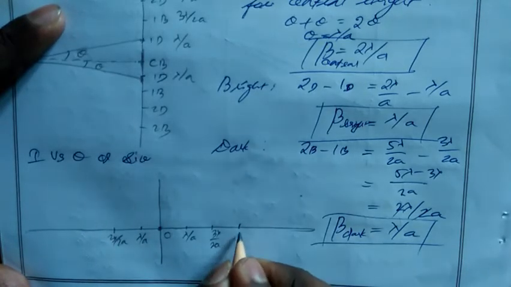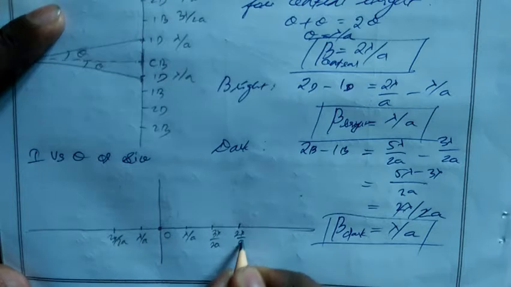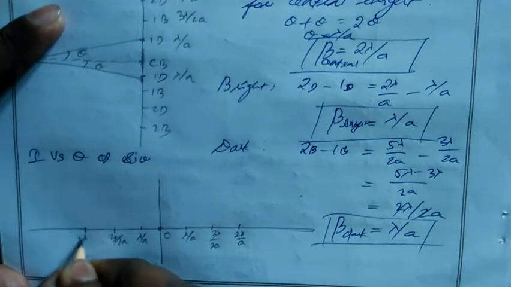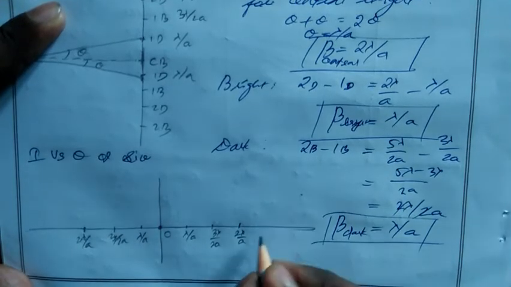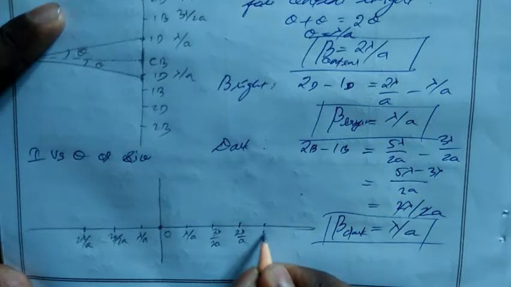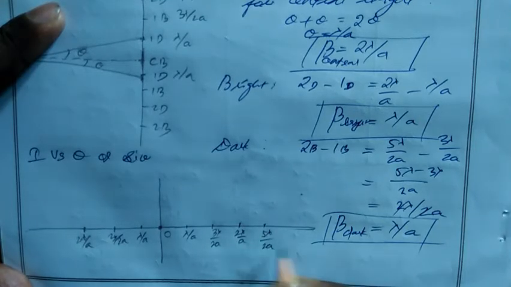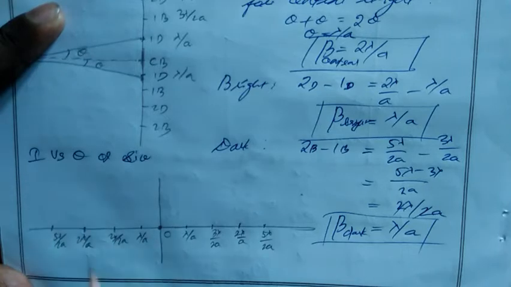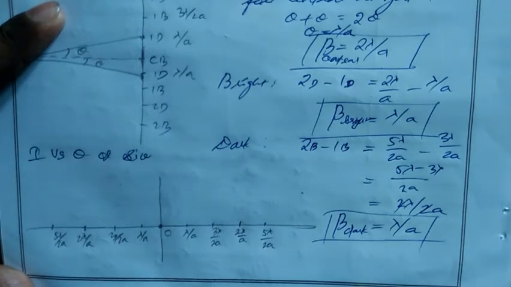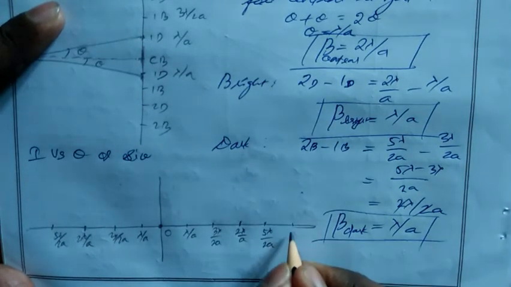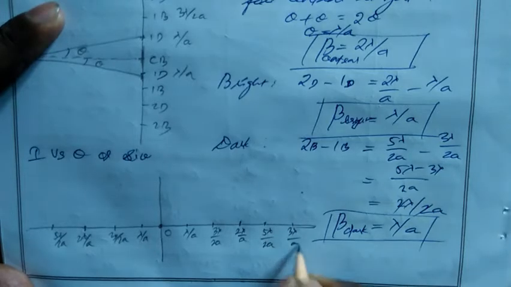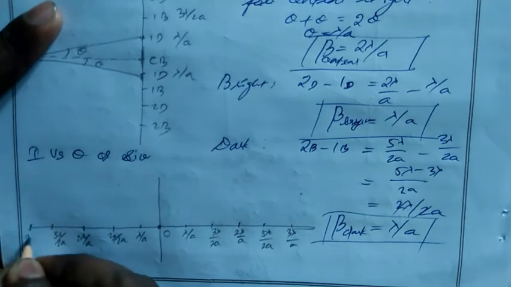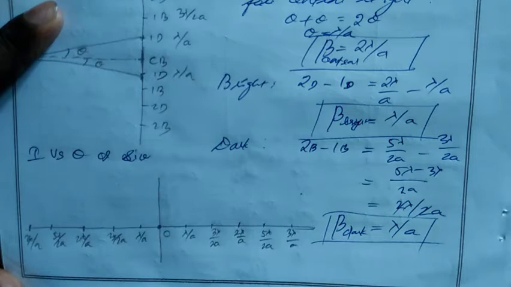Then second dark, 2 lambda by a. Then second bright, 5 lambda by 2a. Then third dark, 3 lambda by a. So it goes on.